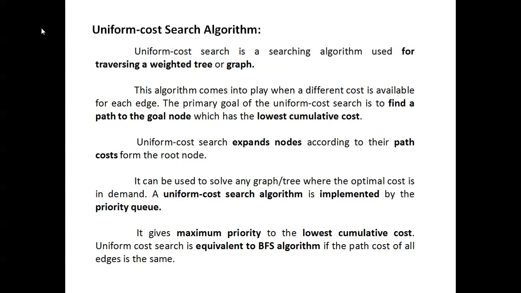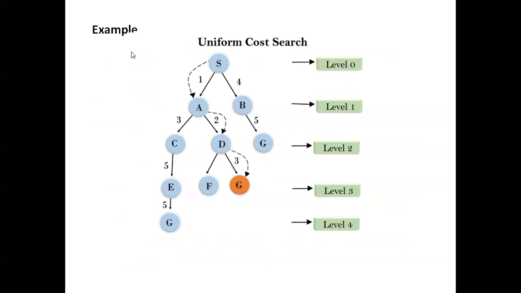Next, the uniform cost search algorithm. It is used to traverse a weighted tree or graph. It searches uniform-wise. We start from node S to A or B. Where does it go?